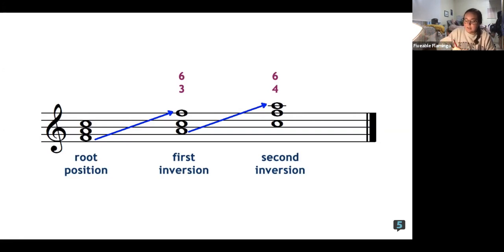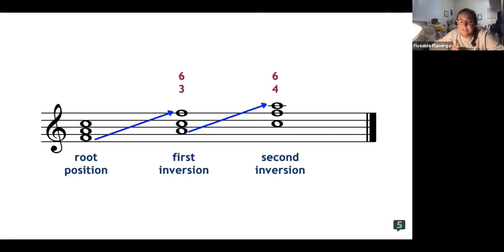So if I was doing, let's say we're in the key of C, and you're given this F triad in root position there.